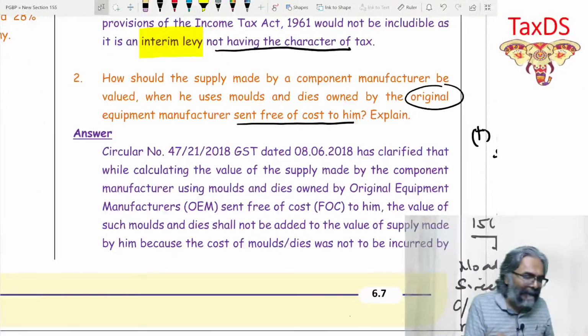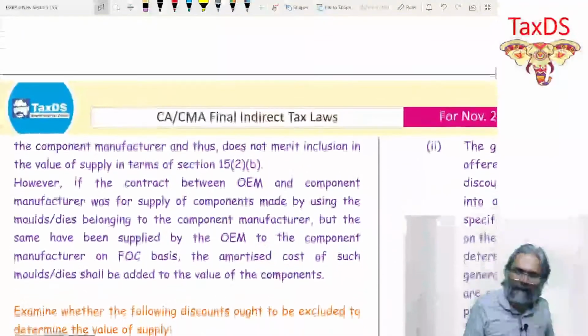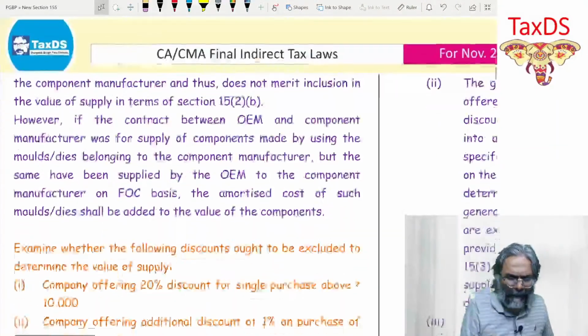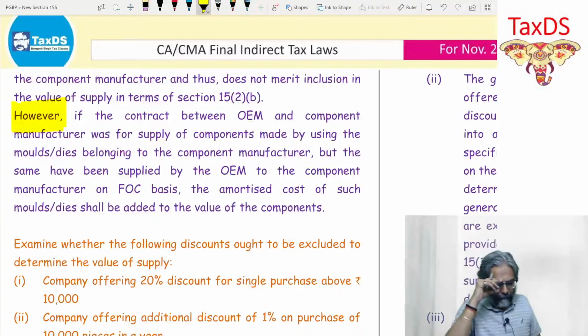But ICAI has given a paragraph for another alternative. See, what is the other alternative? Otherwise, this is where your answer should end. But over here, ICAI in their answer sheet has given one more. What does it say?